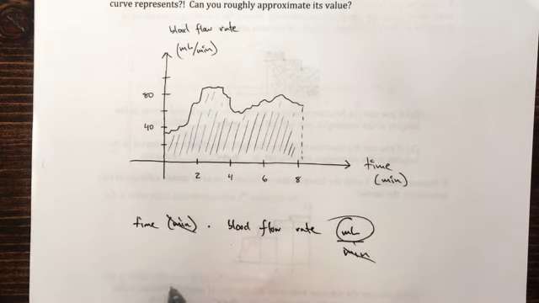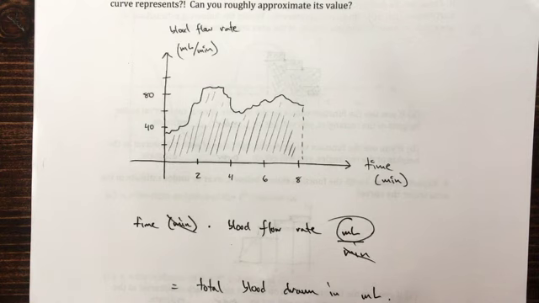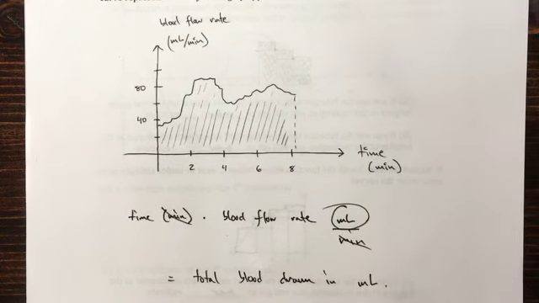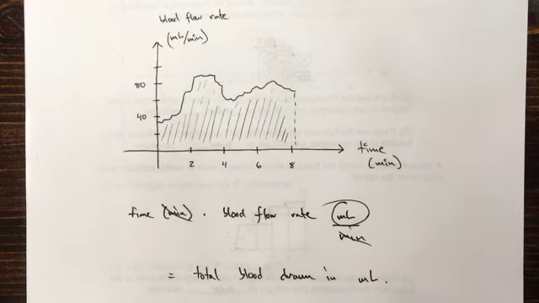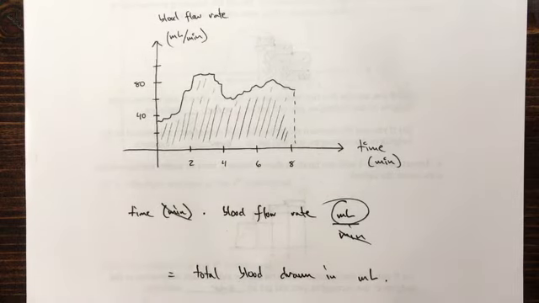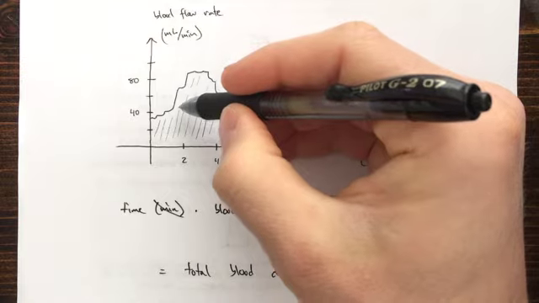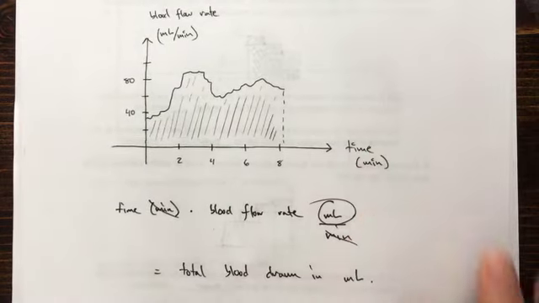So basically what we're looking at is the total accumulation, or total blood drawn, in milliliters. It's super helpful to look at units when you're talking about area.